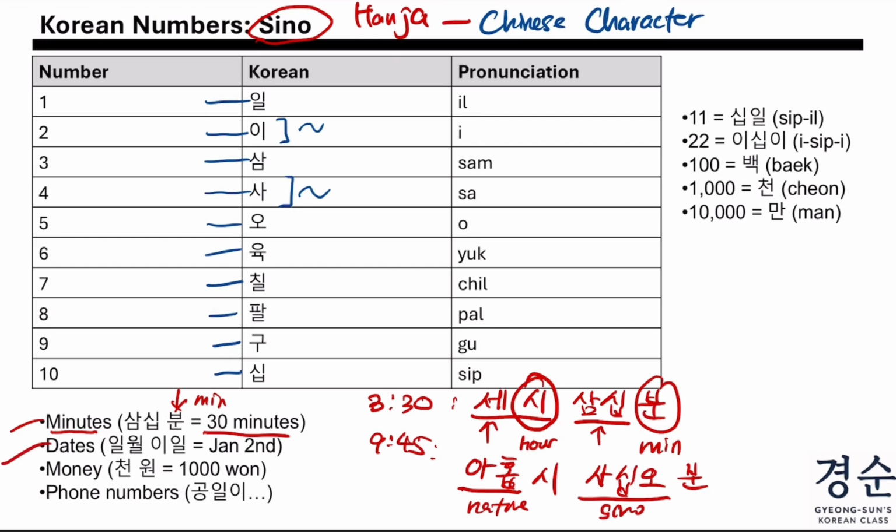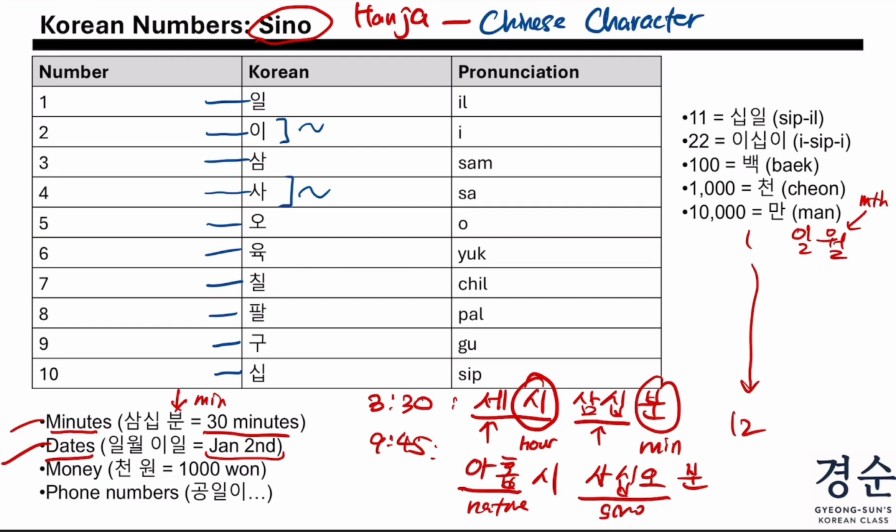And the same goes for dates. Okay? 1월 2일. One good thing about dates is that the whole set uses the Sino number. For example, January. So basically, if you can count from 1 all the way to 12, you can say January until December, because January is 1, and you add 월. 월 actually means the month, or actually it means the moon in the Chinese character, the hanja. But it's okay, you just know it as month.